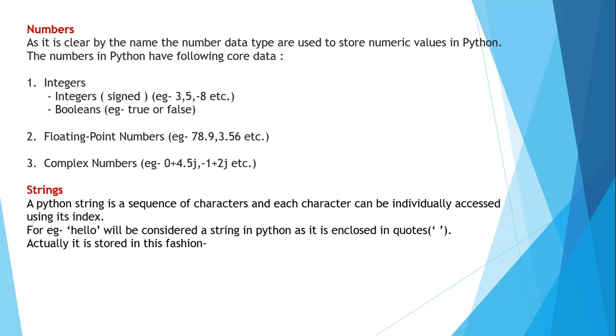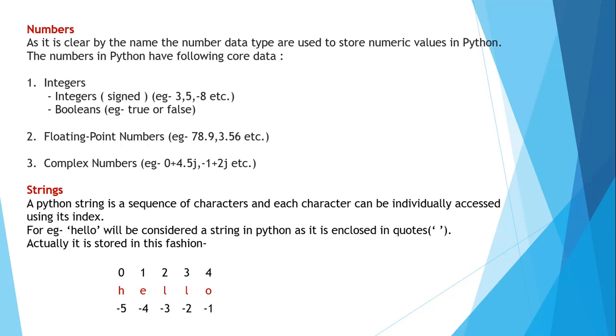Hello is basically a string, but it has multiple characters inside it: H, E, double L, and O. You are not going to actually index them, it is already indexed in Python. So H has the 0 index, E has 1, L has index number 2, then another L has index number 3, and then O has index number 4.